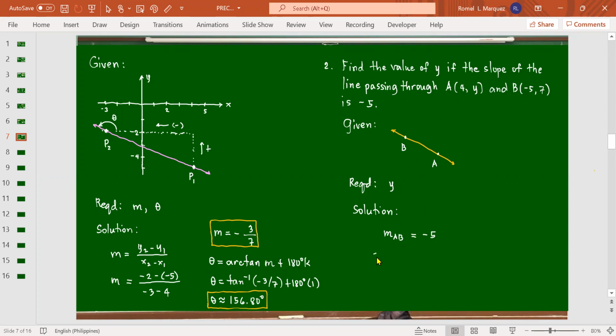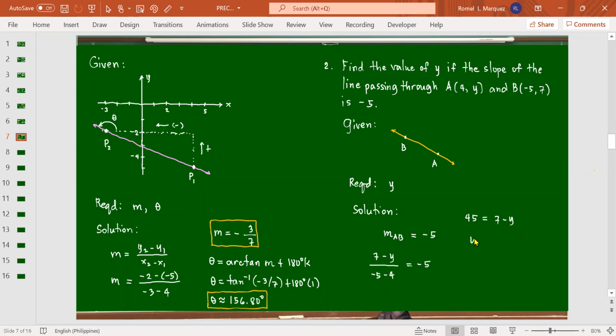What is the slope AB, considering the given points? That is 7 minus y all over negative 5 minus 4, and that is equal to negative 5. Okay, guys? So negative times negative is positive, no? Positive 45 is equal to 7 minus y. Am I right?